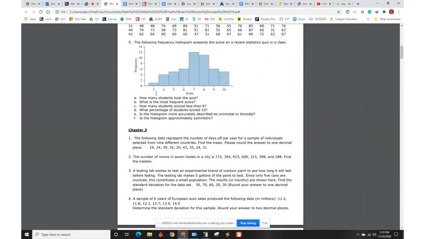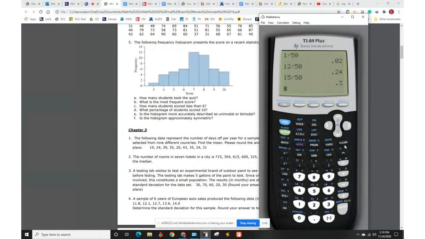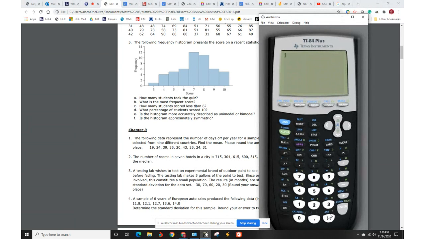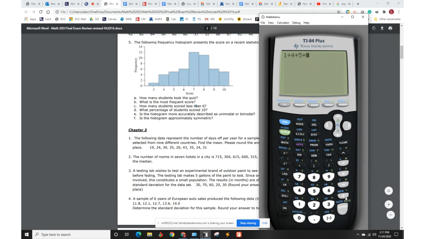How many students took the quiz? Well, you just add all these up. They don't tell you here like they did on the top one about 50, but you're going to add these up. Let's see if we can add them up. 1 plus 4 plus 5 plus 6 plus 12.